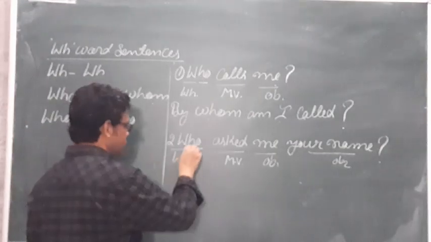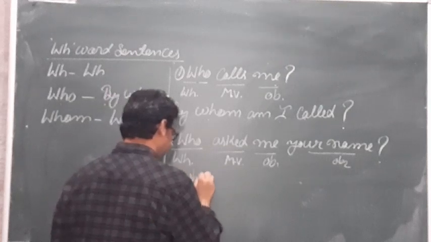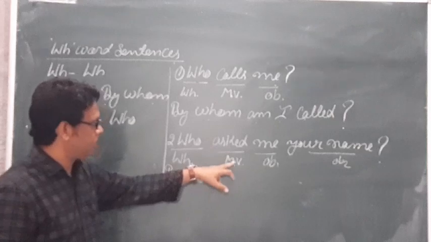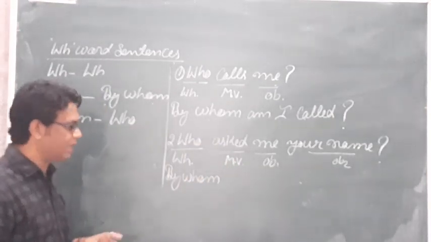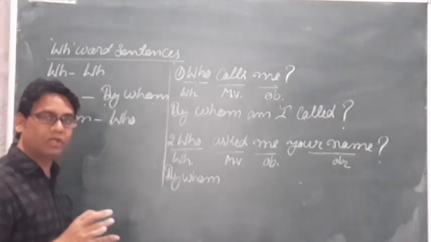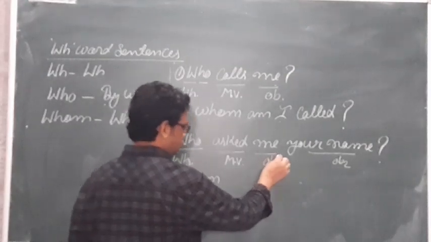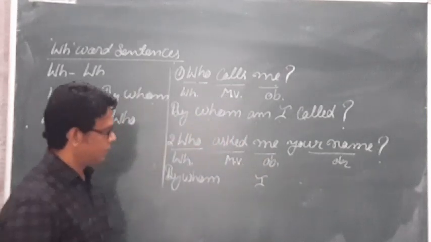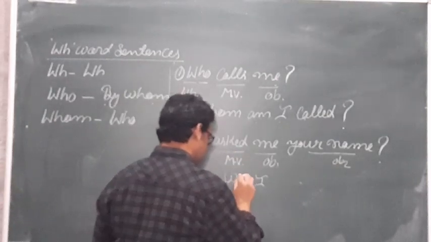Okay, first of all change who into by whom. Now look at the main verb, second form. Whenever we have the second form in a sentence, we will change it into was and were. So because of this, I use the helping subject and was.